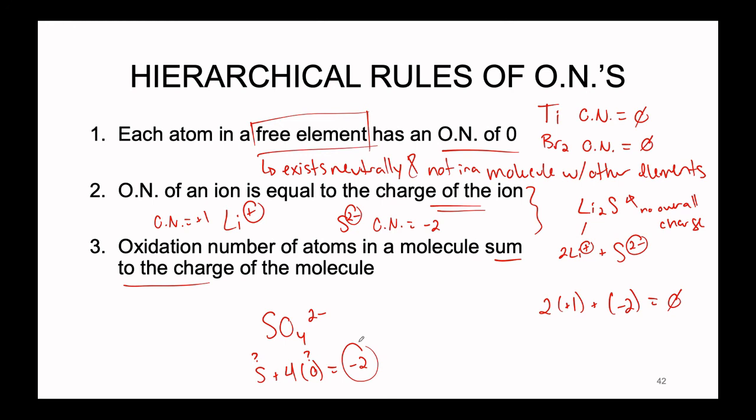Because these rules are hierarchical, rules number 1, 2, and 3 are the most important rules, and rule number 3 sets the stage for the upcoming rules to make sure that they all work together and that we don't have any conflicts. So, oxidation numbers of atoms in molecules must sum to the charge of the molecule, whether it be charge neutral or whether it be a polyatomic ion.